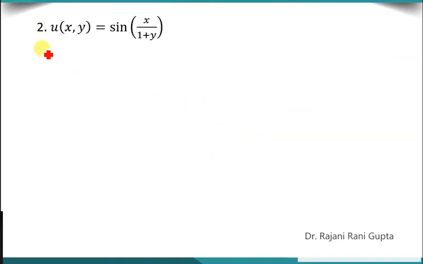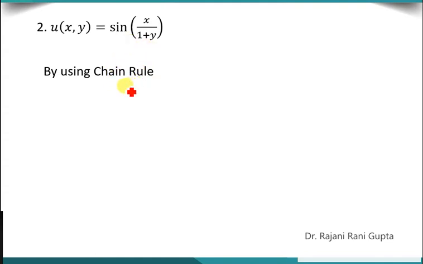If we look at the second function u, which is a function of x and y, it is sine of x over 1 plus y. So again, sine involves both variables x and y. So when we want to find the derivative with respect to x, we have to make use of the chain rule, right?